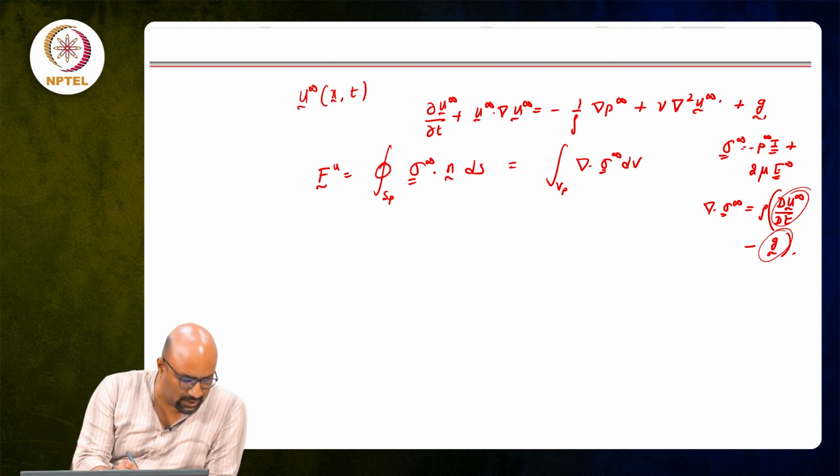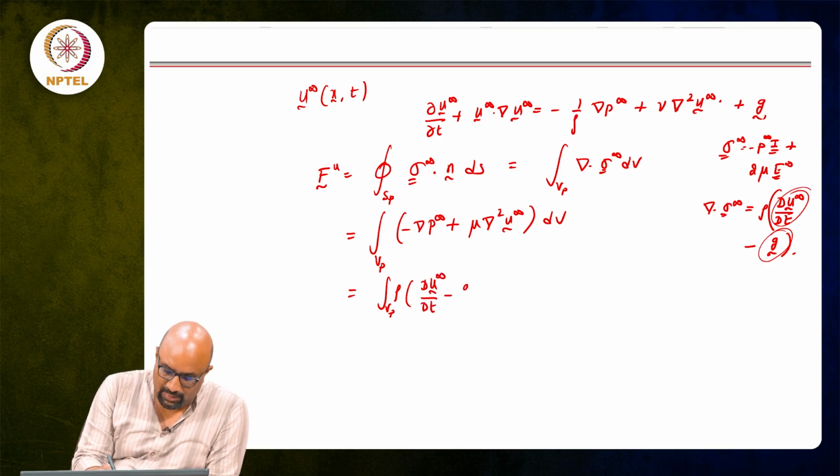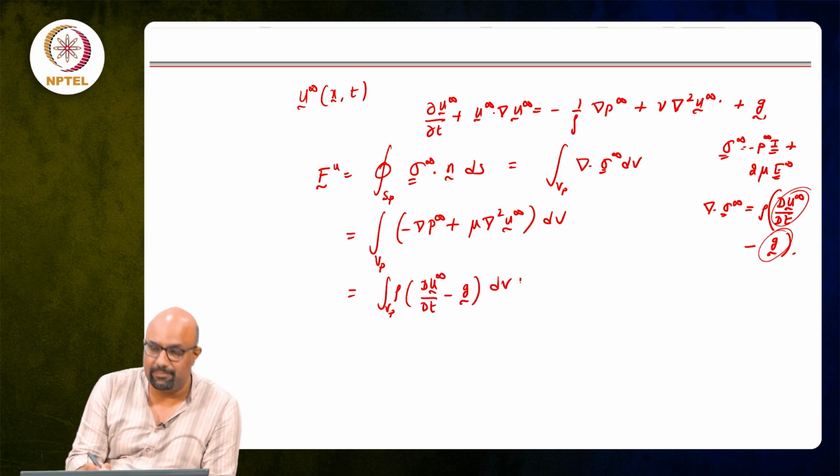So this particular term I can write now as a volume integral of grad p infinity plus mu del square u infinity dV, which is a volume integral of rho du infinity dt minus g dV.